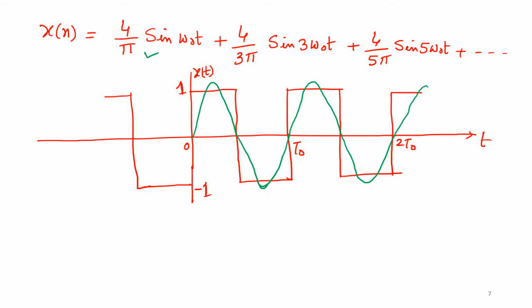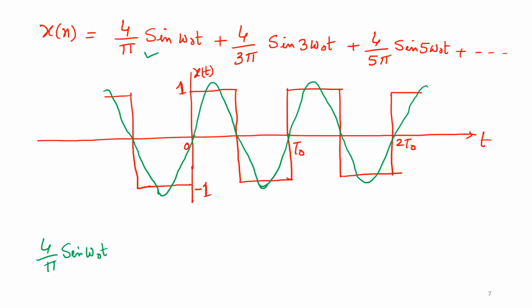So this is your first term, 4 upon pi sine omega naught t. And next component, if you draw individually, then we'll try to combine these two together.